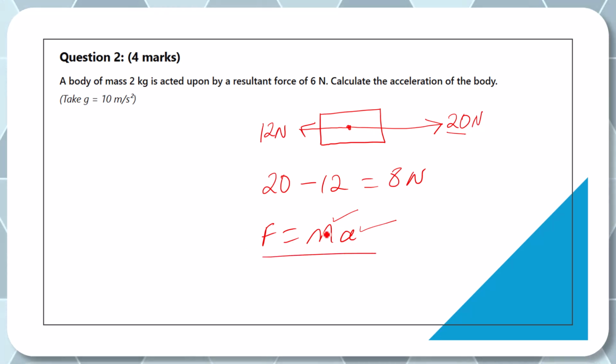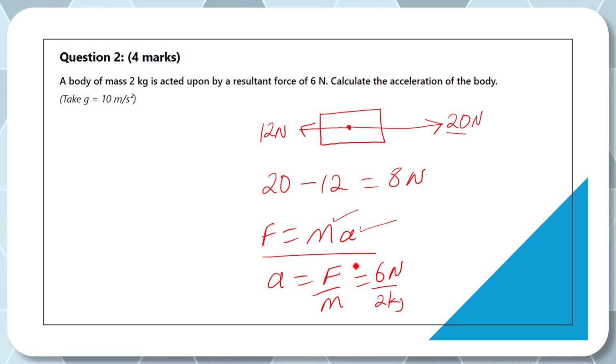So I can use this formula to help me work out this question. What are they asking? The acceleration. So I'm going to make a the subject, and that's going to be equal to force divided by the mass. The force is in newtons already, okay? And the mass is going to be 2 kilograms. He says a body of mass 2 kilograms is acted upon by a force of that, work out the acceleration.